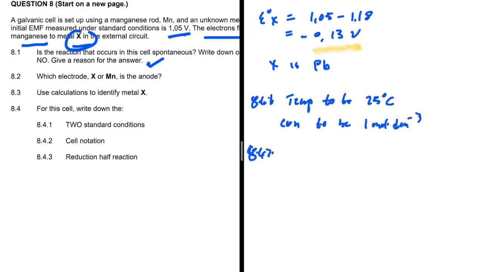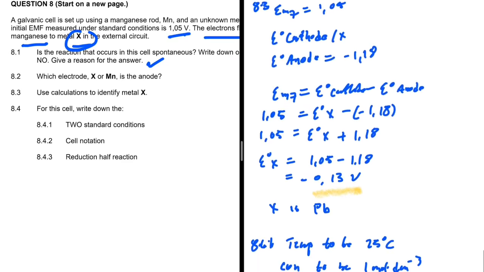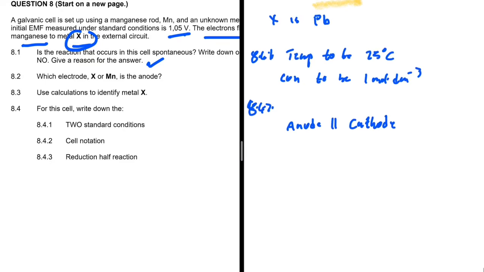8.4.2. On the other hand, we are looking for the cell notation. We have what is happening at the anode, the salt bridge, and what is happening at the cathode. At the anode, we have Mn, like we talked about. So we have Mn, the metal, then Mn to the 2 plus, the salt bridge, then Pb to the 2 plus, and then Pb.